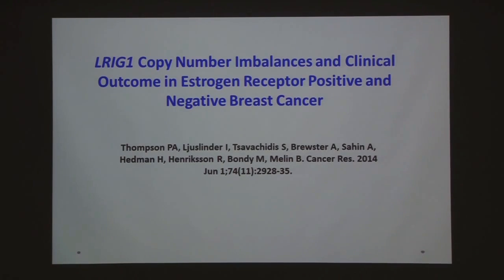One of the recent papers that was just published in June in Cancer Research was called LRIG1 Copy Number Imbalances and Clinical Outcome in Estrogen Receptor Positive and Negative Breast Cancer. I had several colleagues from Sweden who have been doing some functional work and some FISH work with this particular LRIG1 gene.